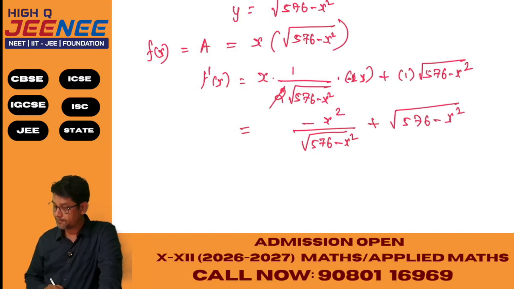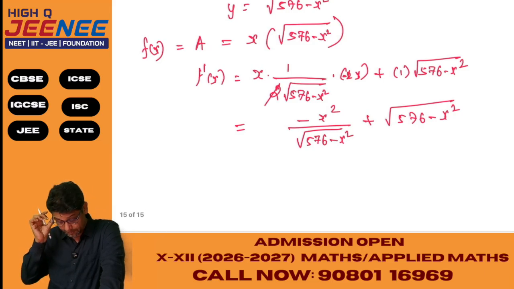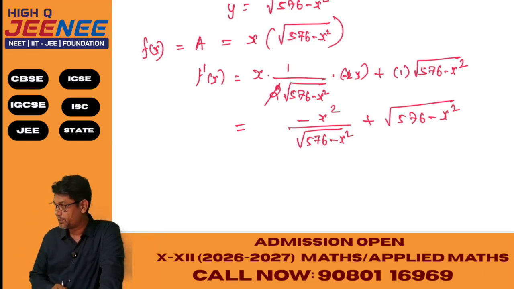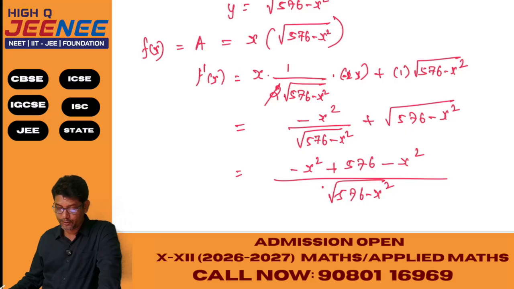Is it clear? Now can we take the LCM by cross multiplication? So what you are going to get is minus x square plus 576 minus x square, over root of 576 minus x square. Is it clear, all of you? Say yes or no?